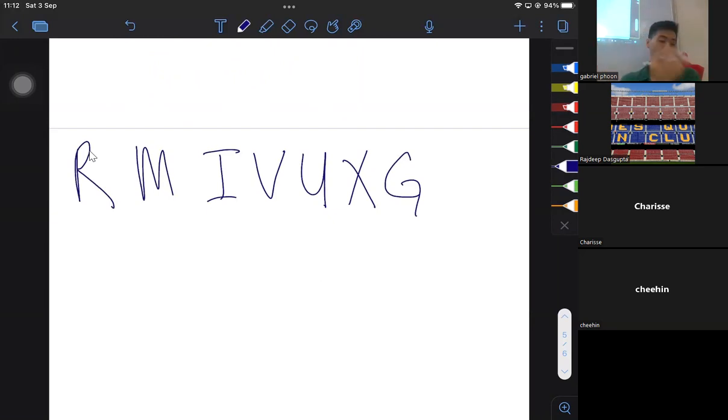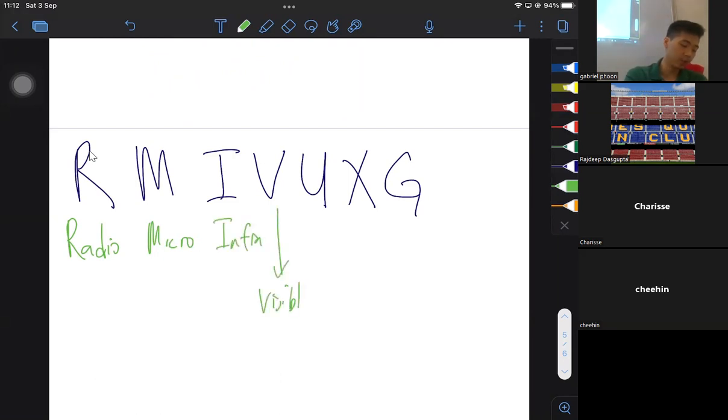The spectrum starts with radio, R, then micro, and then I will be infrared, V will be visible light, U will be UV rays, X is obviously X-rays, and G is going to be gamma rays, guys. Remember this story, guys. Ringgit Malaysia is very useless, no good.